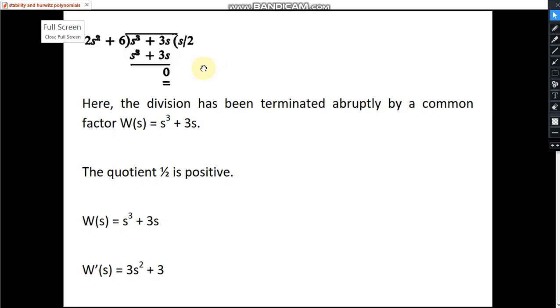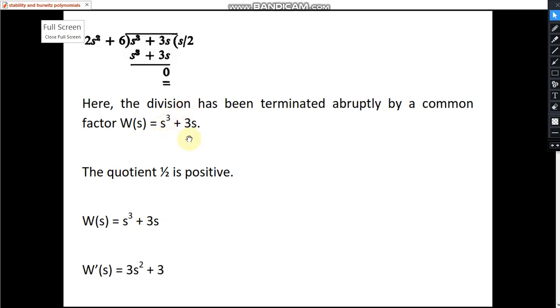So if the process has been terminated in between, we have to find out the common factor. The common factor is this thing, s cube plus 3s. This is the common factor. So if this is the common factor, then we have to find out whether this common factor is Hurwitz or not.